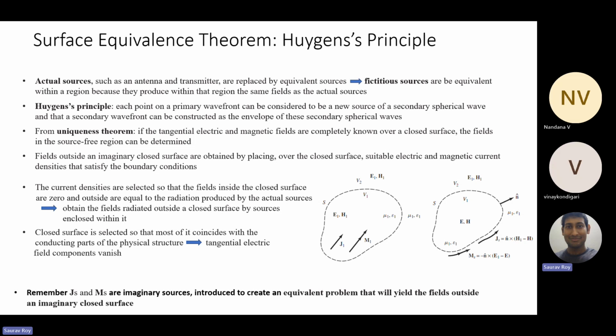As long as that happens, we don't care what happens inside V1. Although you should remember, V1 is actually our source. It contains our actual antenna or any other source, that we replace by some equivalent surface so that our ultimate calculation of E1 and H1 remains the same.